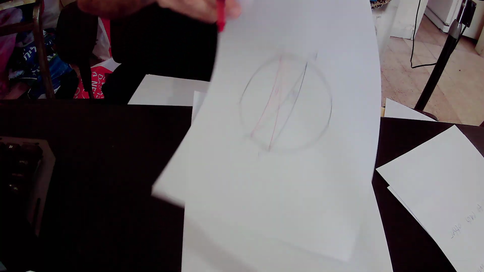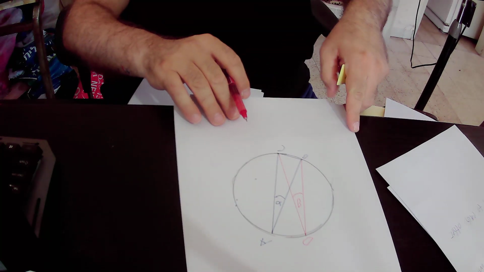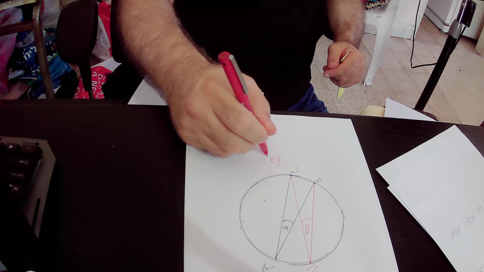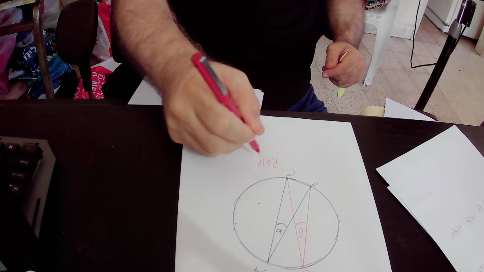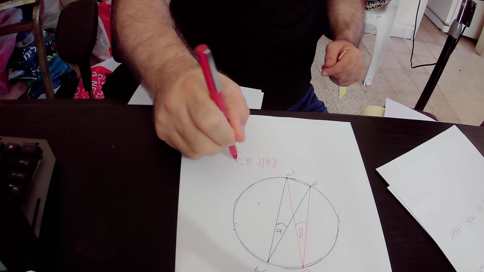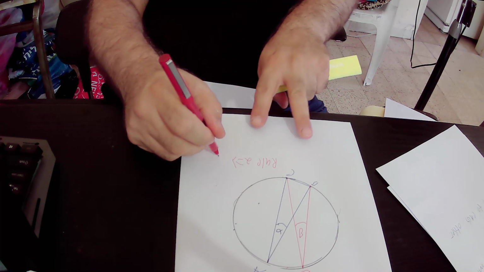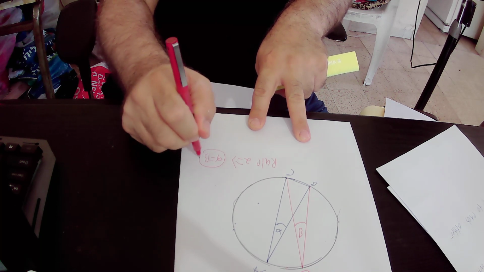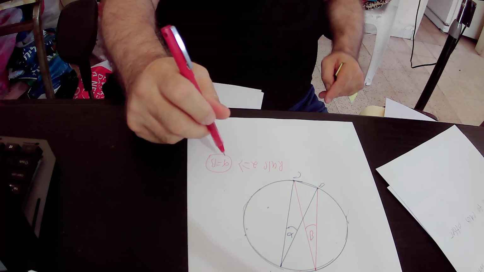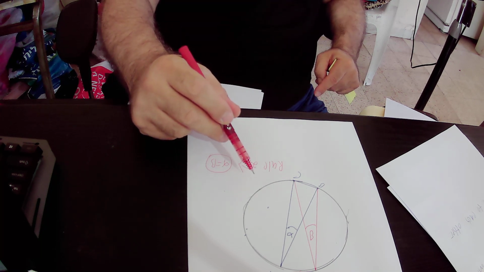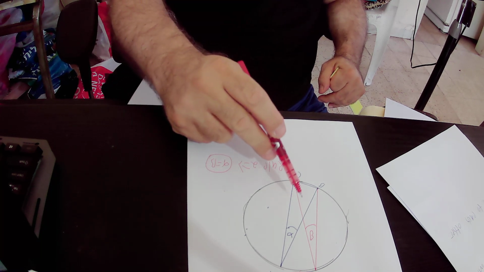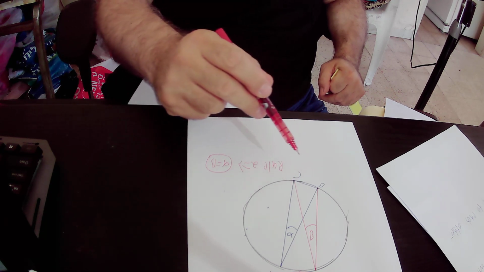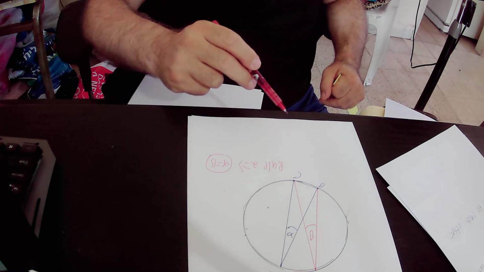Okay, so I will write it down. According to rule number 2, we can deduce that angle alpha equals angle beta because both those two angles rest on the same chord BC.